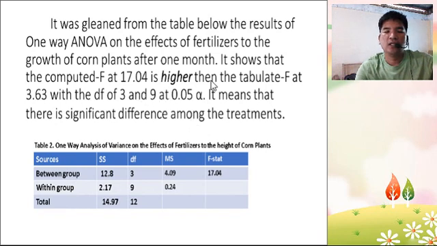Okay? So meaning, this means that they are not the same, there is significant difference among the treatments. Meaning, one is better than the other. Okay? Because there is significant difference among the treatments. So this is how you are going to interpret the tables in your study.